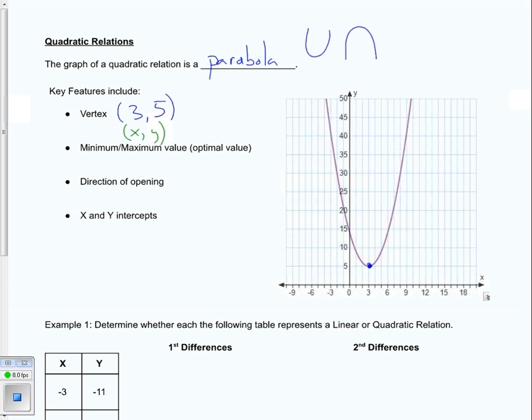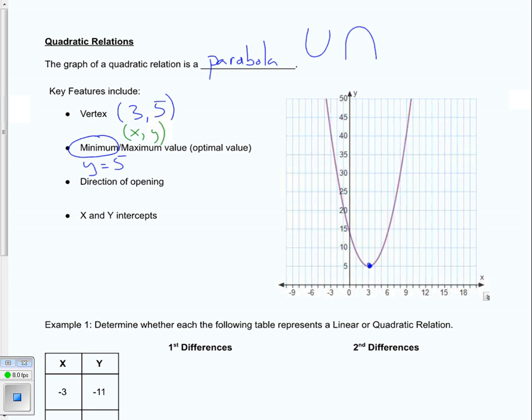It has a lowest value that we can see, and that happens when y is equal to 5. If the parabola opens up, then it's a minimum value. If it opens down, then it's a maximum value. So in this example, we have a minimum value for this parabola.